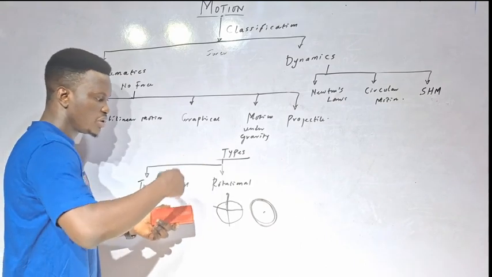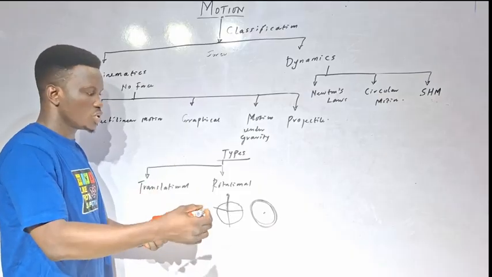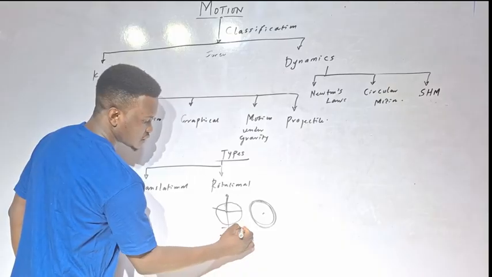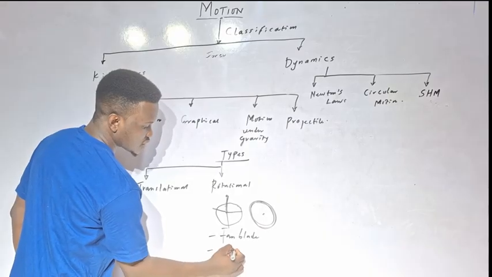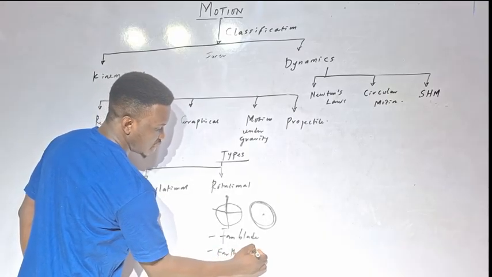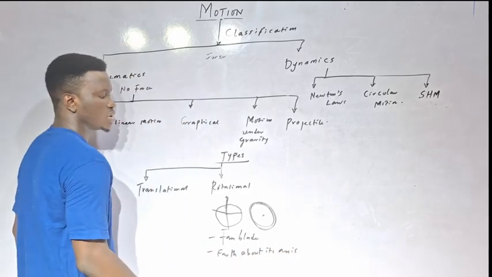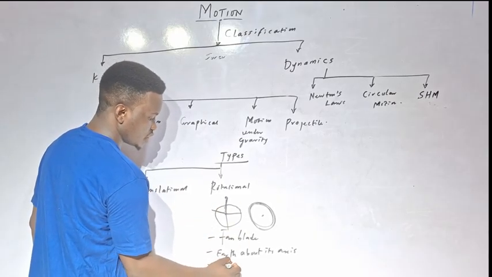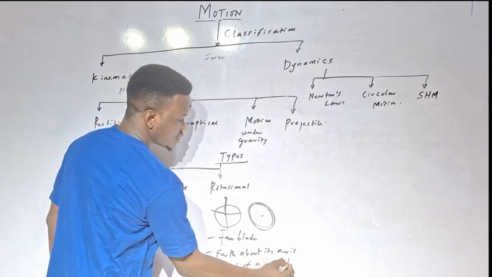So the motion of a body about its own axis is called rotational motion. An example is the fan blade, the earth's movement about its axis. Even the wheel of a vehicle can exhibit rotational motion too.